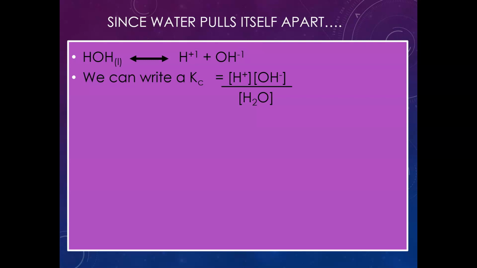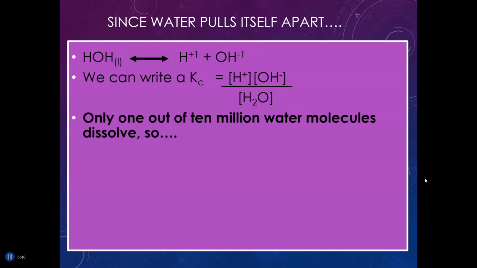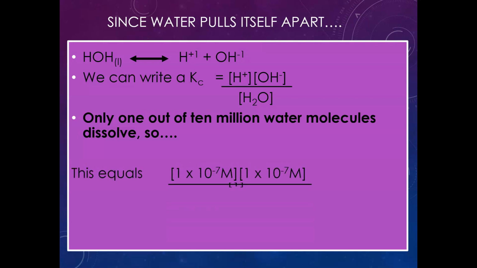So we're going to have the concentration of the products over the concentration of the reactants. In this problem, water dissociation, only about 1 out of every 10 million water molecules is going to disassociate.